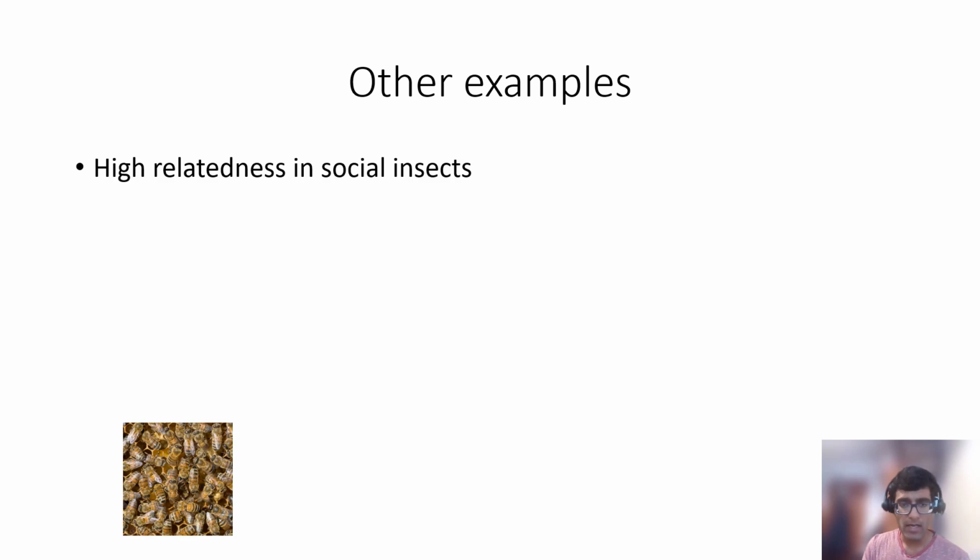So let's look at some other examples very briefly. There's high relatedness in social insects, that Jan is going to talk about in the next lecture. And they clearly help each other to an enormous degree. Indeed, in many cases, there is only a single individual that breeds, and all of the others help.